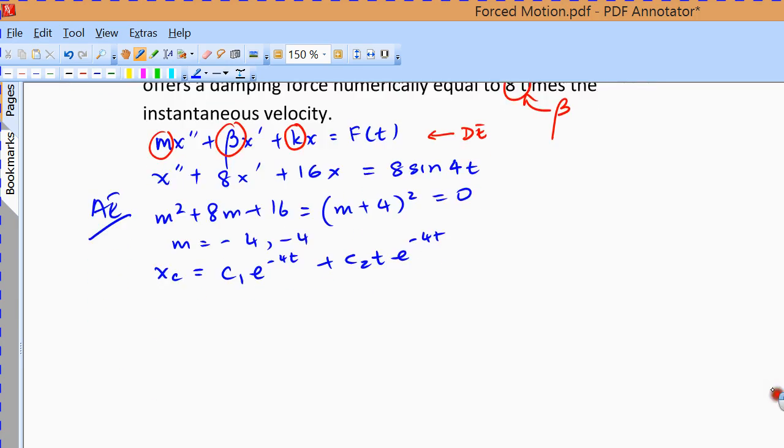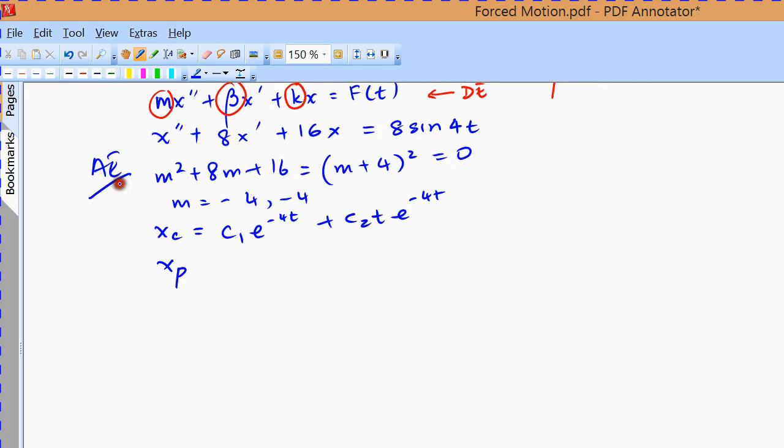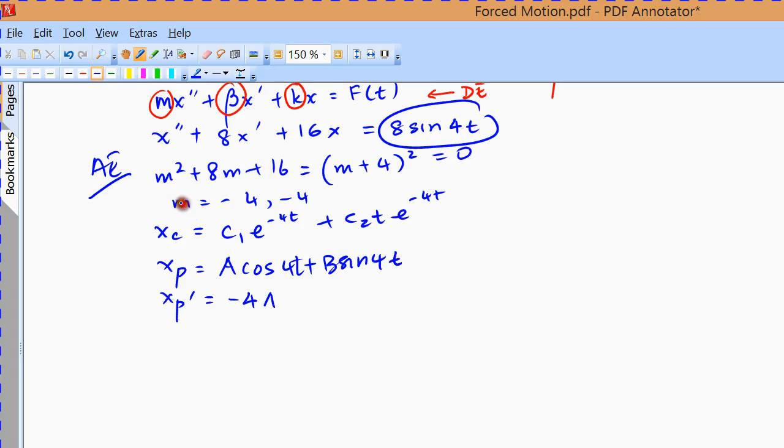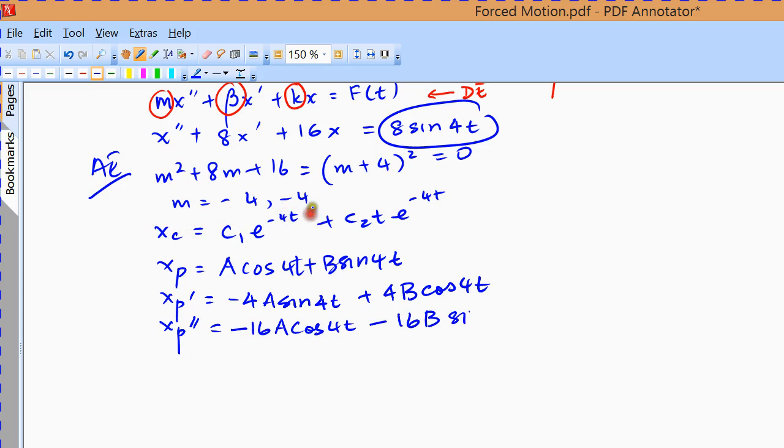Now to determine xp, we have xp equals a cos 4t plus b sin 4t, and it must take the same form as the input function. Now xp prime is minus 4a sin 4t plus 4b cos 4t, and xp double prime is minus 16a cos 4t minus 16b sin 4t.